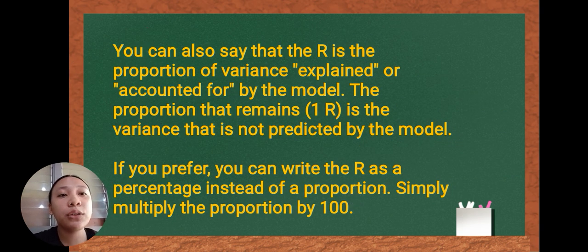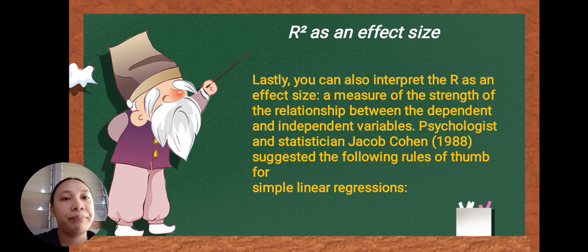You can also say that R squared is the proportion of variance explained or accounted for by the model. The proportion that remains, 1 minus R squared, is the variance that is not predicted by the model. If you prefer, you can write R squared as a percentage instead of a proportion. Simply multiply the proportion by 100.